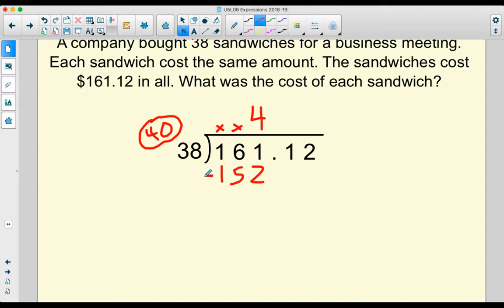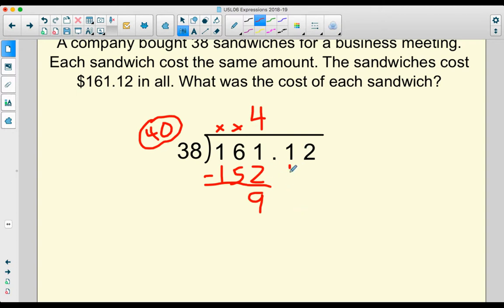So how many are left? Would be 9. Since 9 is less than 38, I know I can't take out any more. So I can't take any more ones out.